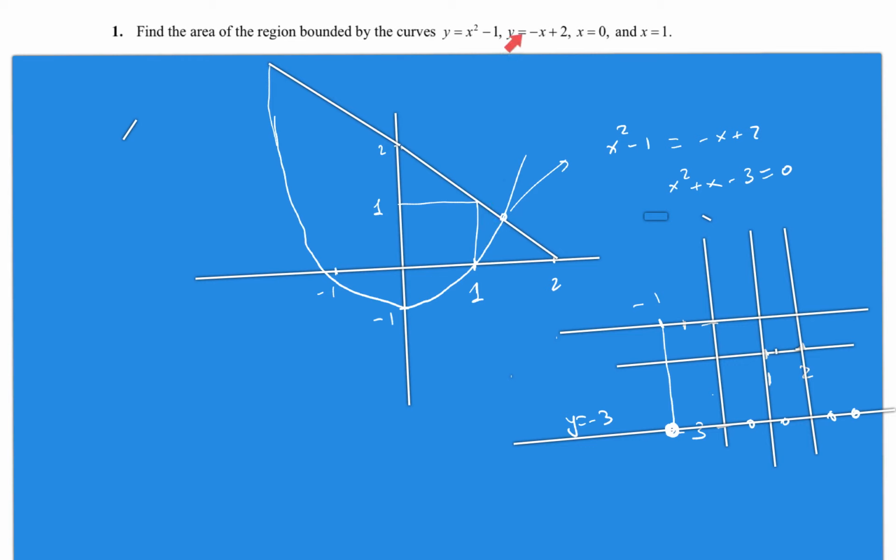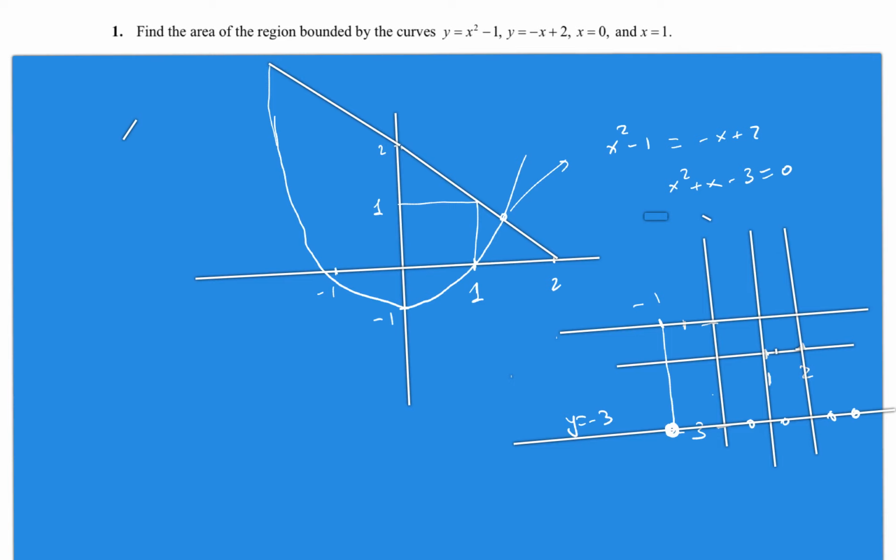This is a straight line with slope minus 1, and when x equals 0, y equals 2. So it starts here and goes down with slope minus 1.